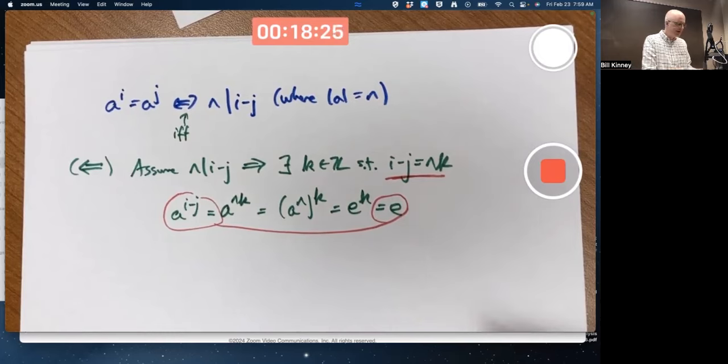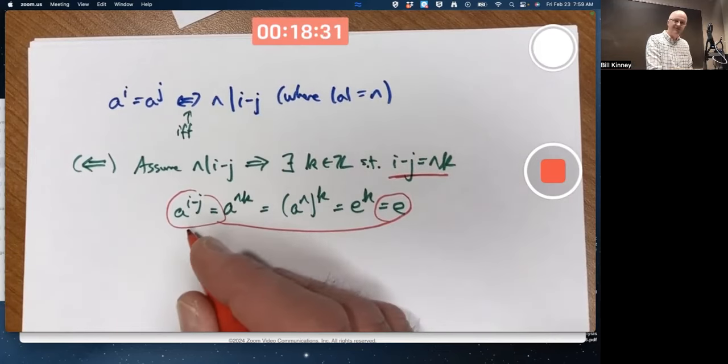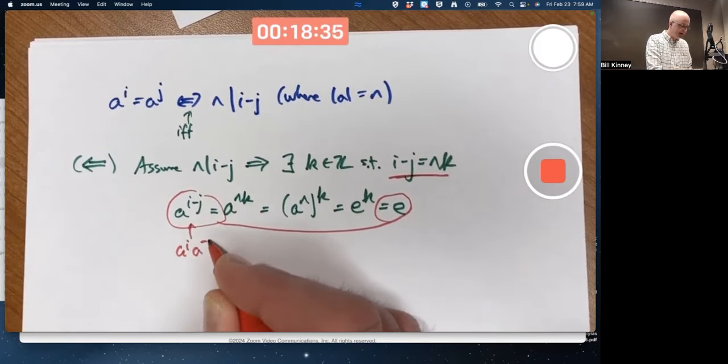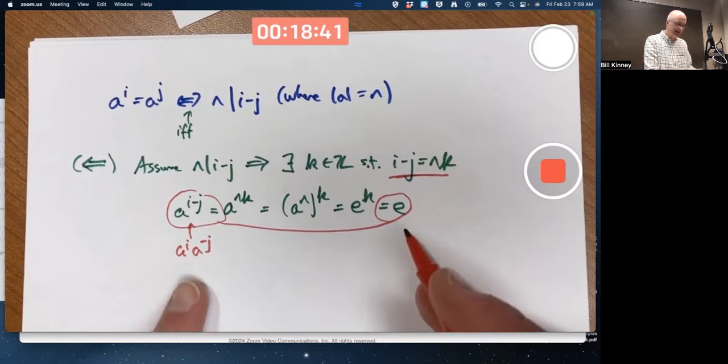What we're trying to show is that a to the i equals a to the j. How do you do that? Well, you can use the property of exponents. You can write this as a to the i times a to the negative j. And then you could multiply both sides of this equality by a to the j.